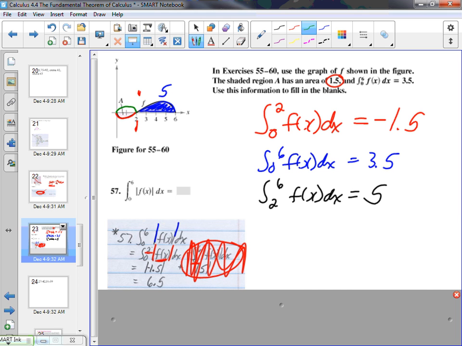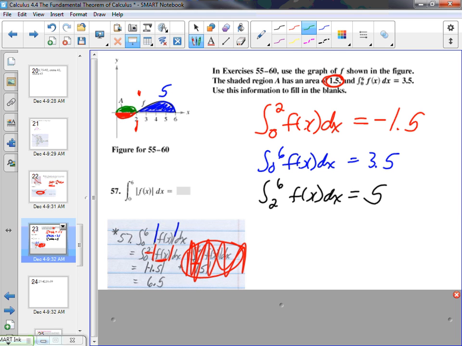So if the area of that region is 1.5, doesn't the area of the green region have to be 1.5?